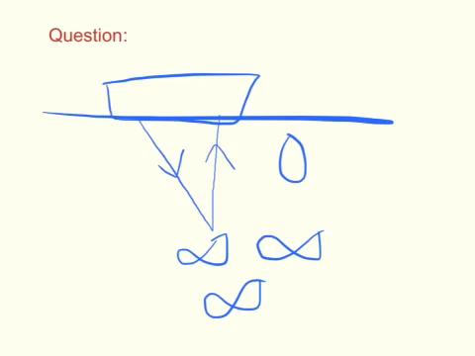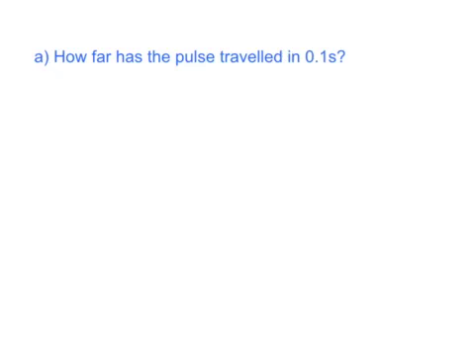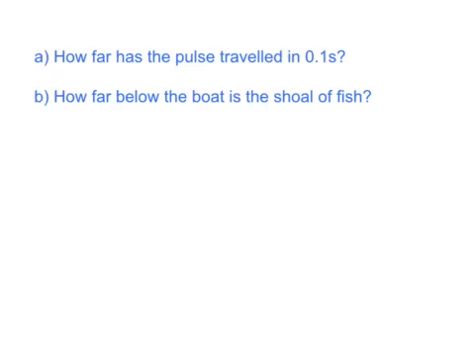The ultrasound waves travel through water at 1500 meters per second. So the questions are: A. How far has the pulse travelled in 0.1 seconds? And B. How far below the boat is the shoal of fish?